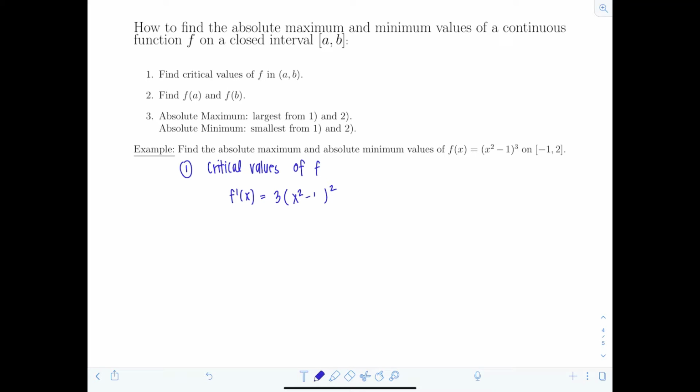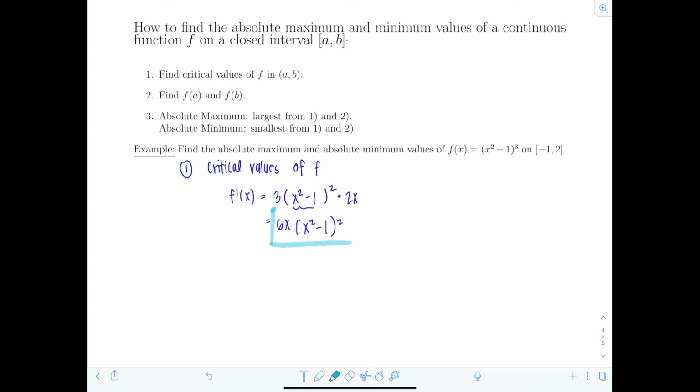I still have x squared minus 1, and then by the chain rule, I have to multiply by the derivative of x squared minus 1, which is 2x. So we get 6x times the quantity x squared minus 1 squared. Okay, so this is our derivative.